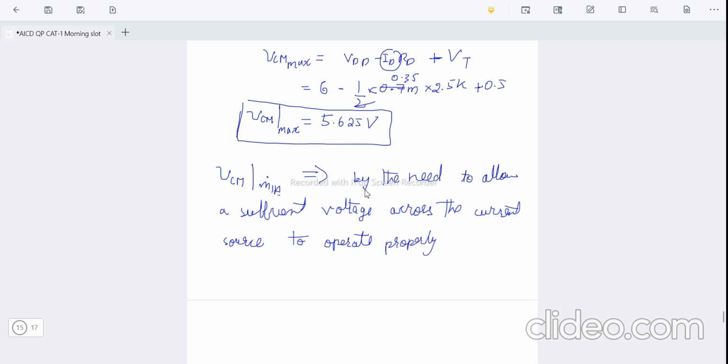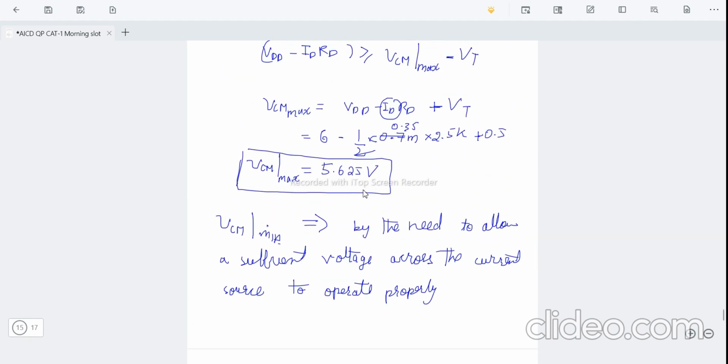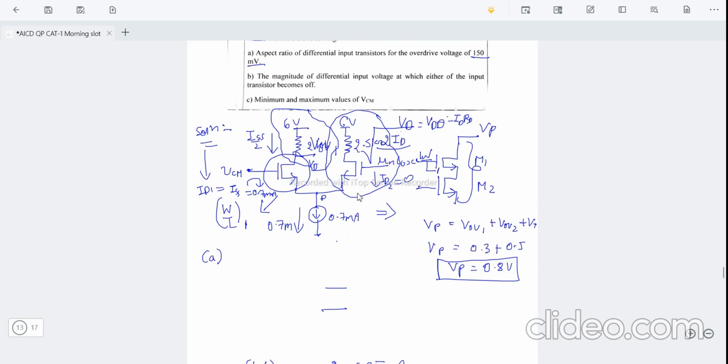So only there is a limitation on the common mode minimum voltage. Otherwise the limitation can be anything, it can go negative also. But if it goes negative, the current source sitting at the bottom won't work accordingly. So the VCM min limitation is defined due to the current source.